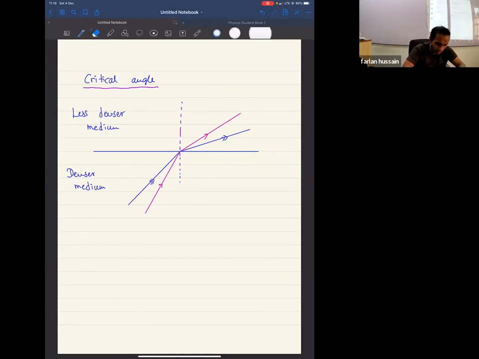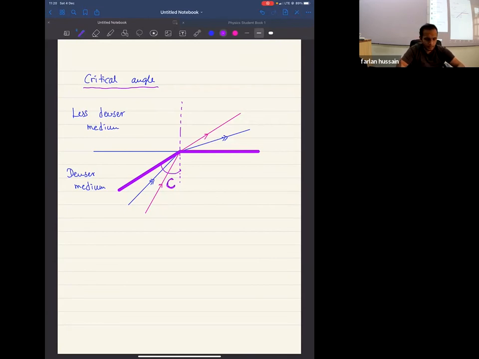Now let's say when you further increase the angle of incidence for an angle of incidence like this, the angle of refraction becomes exactly 90. Then this angle of incidence at that instant is what we call as a critical angle.